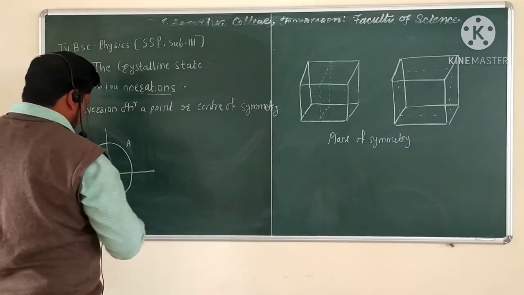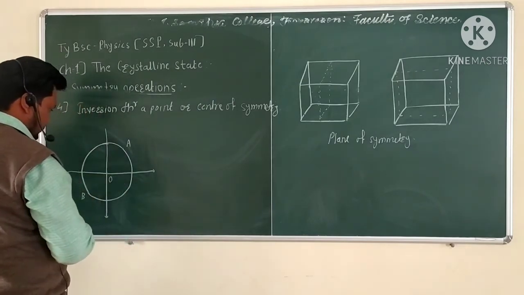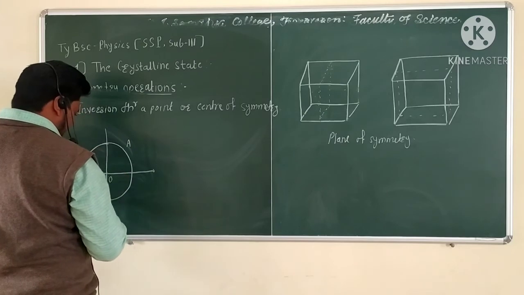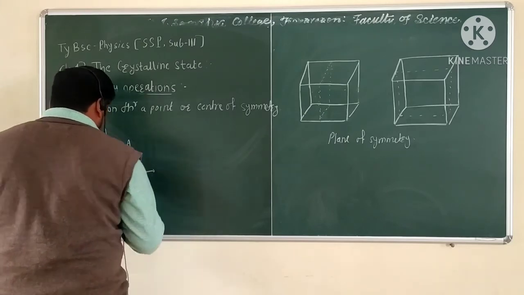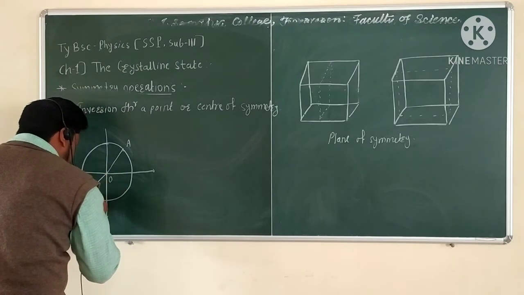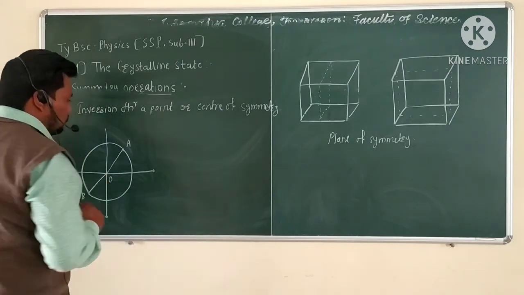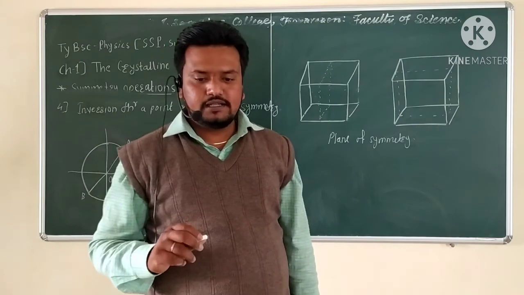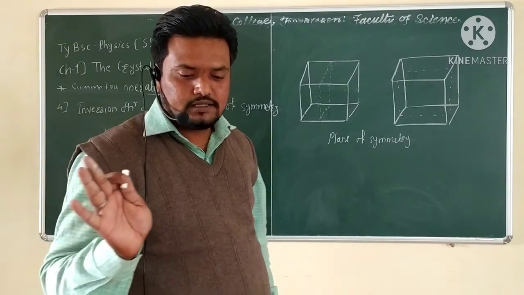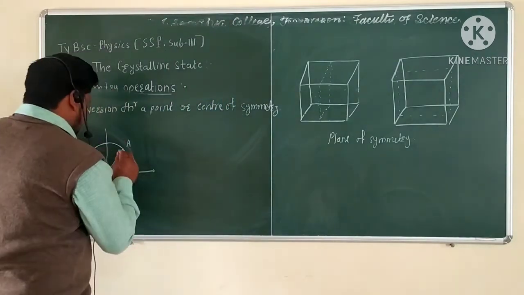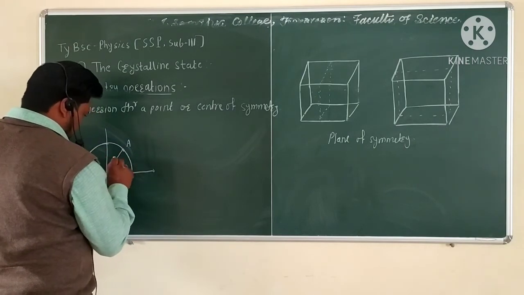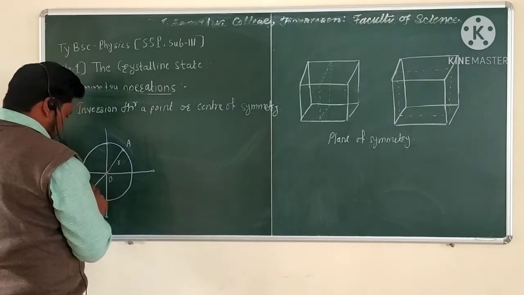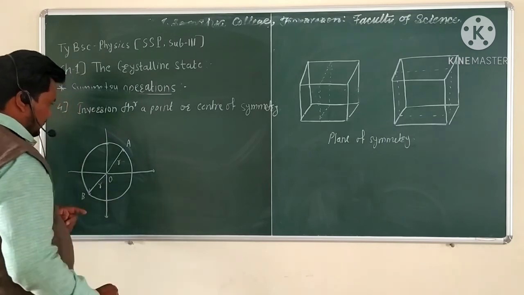If we connect these two points by a line, the radius of this is considered as r.